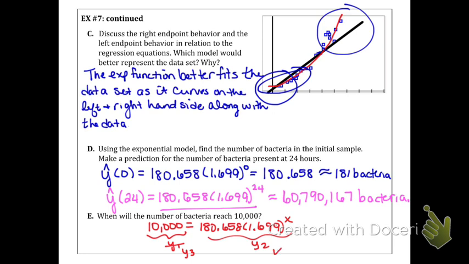Either put the 10,000 in y1 or in y3 and make sure y1 is turned off. Then go to second, trace, intersect, and enter. It's going to tell you that the x value is approximately 7.570, and this is hours.